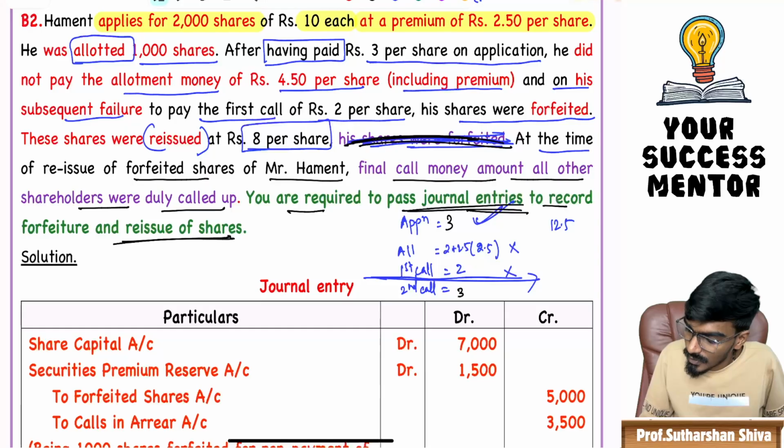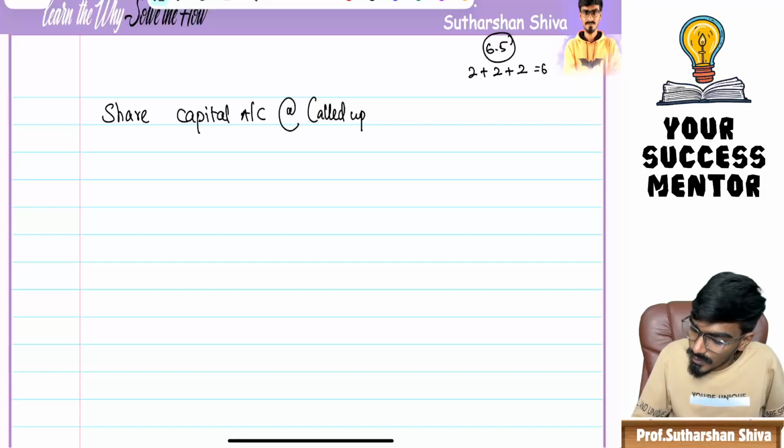Correct? 5, 7, 10, 12.5. So 3, 2, 2, which is going to be 7. Correct, sir? Yes, sir. Called up value. So what is the value? It is going to be 7 rupees into how many shares forfeited?